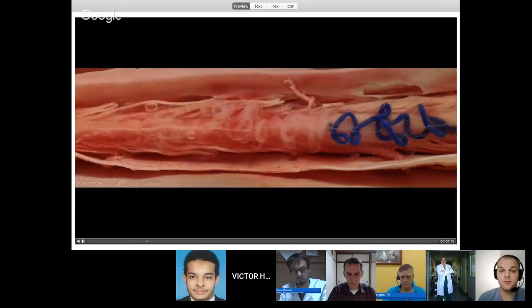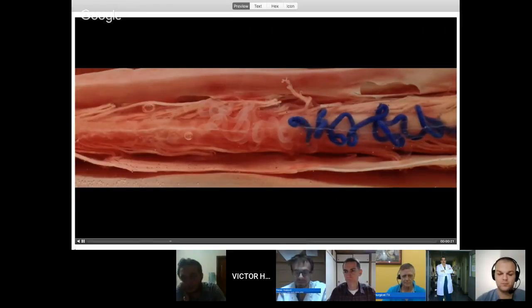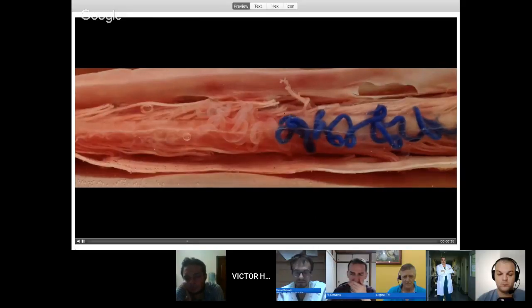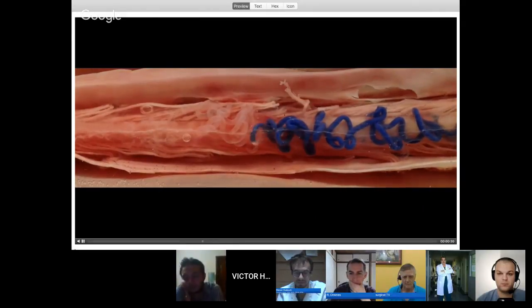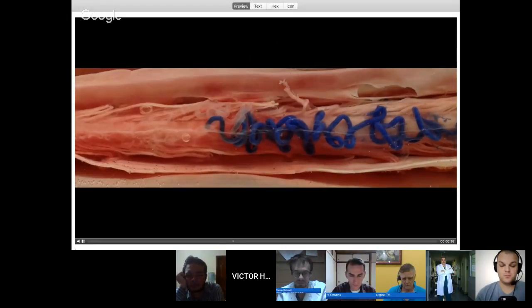Oh, very nice. Okay, this is the trajectory of this spinal vein.